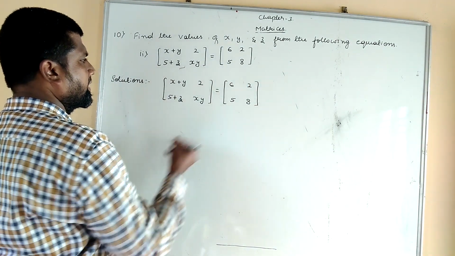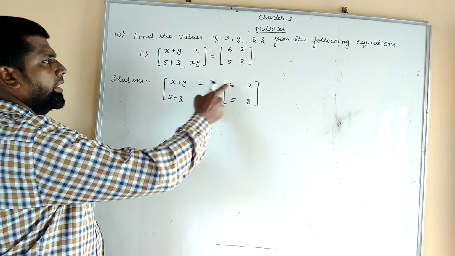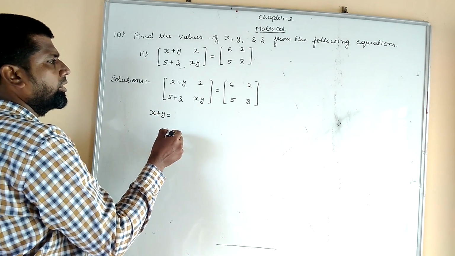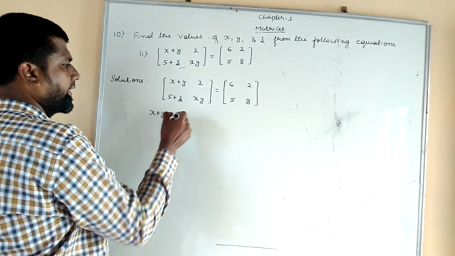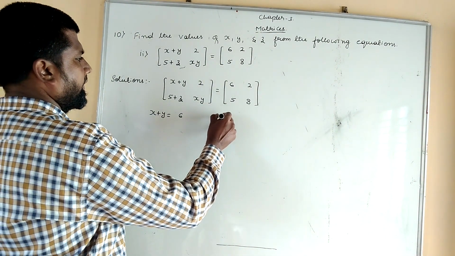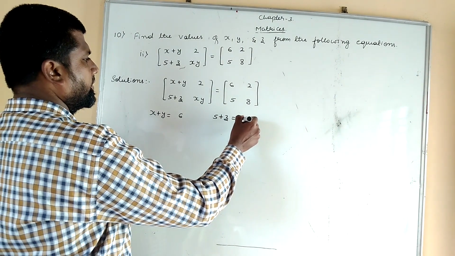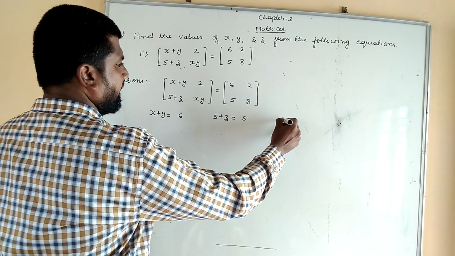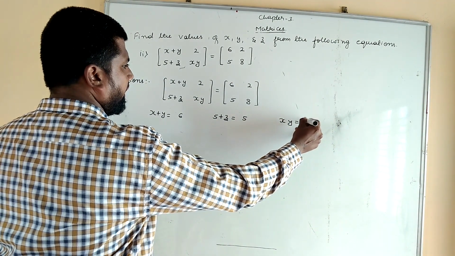So equating the corresponding elements: x plus y is equal to 6. 5 plus z is equal to 5. xy is equal to 8.